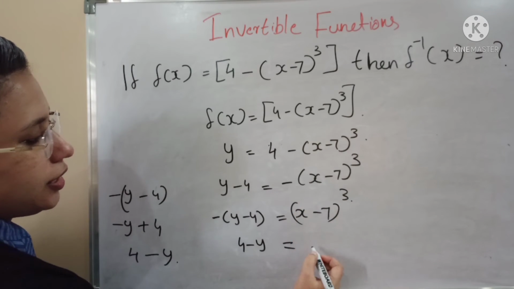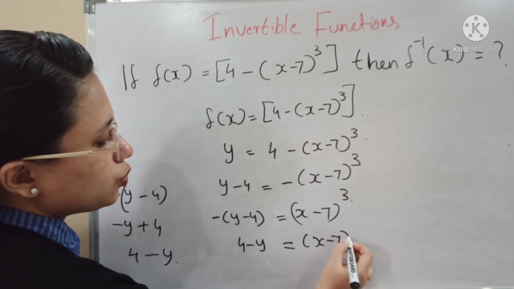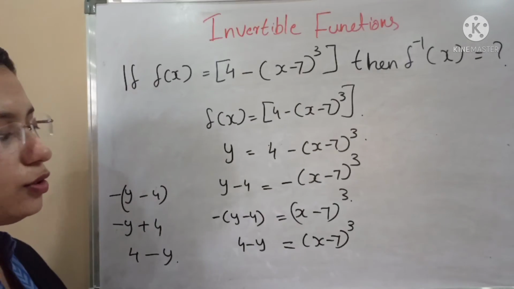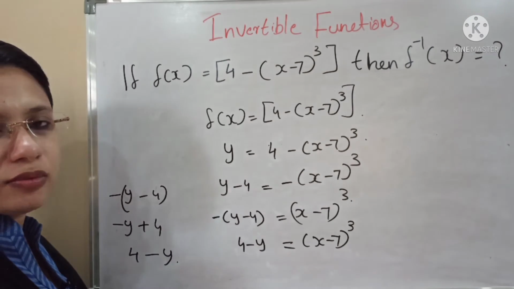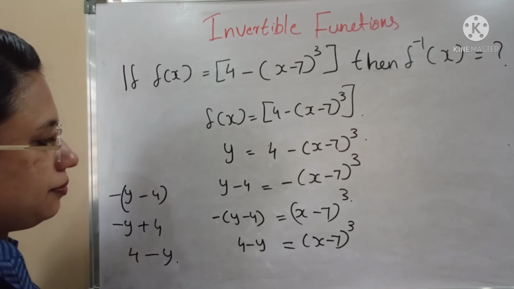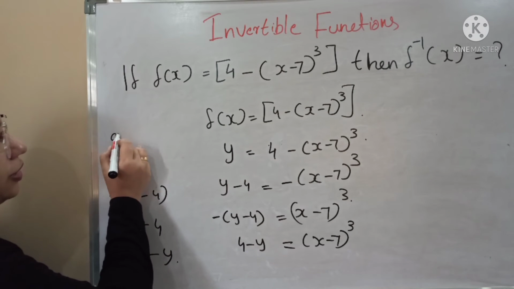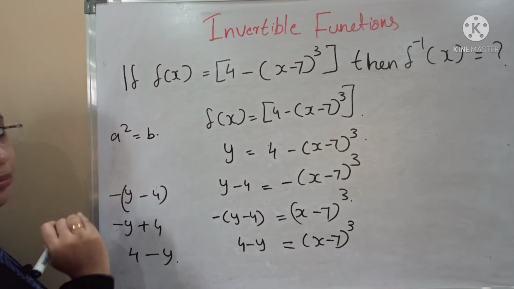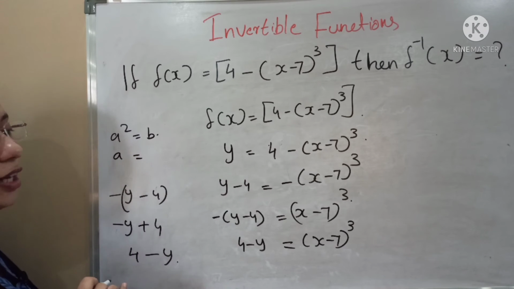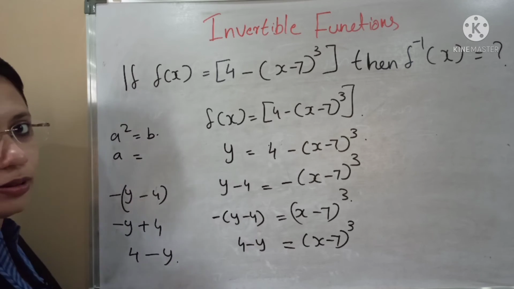next we have to take this cube to the other side. Okay, so what will be the operation we have to do here? Suppose a square equals b. So if I need to find a, this square will move to the other side.